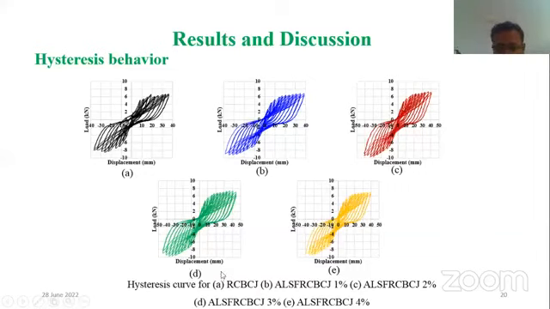Figures B, C, D, E represent the Erica leaf sheath fiber: 1%, 2%, 3%, and 4% Erica leaf sheath fiber, and the hysteretic behavior you can see.